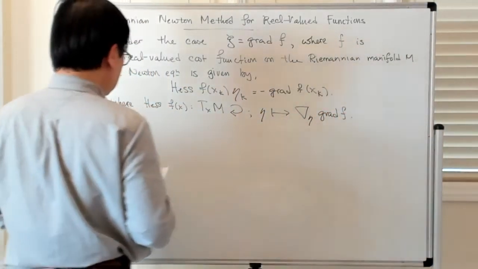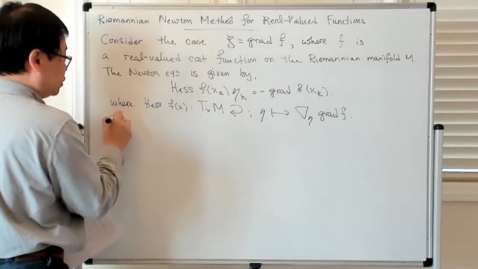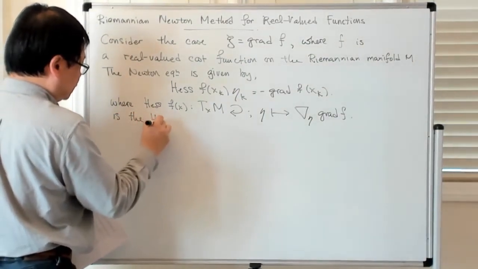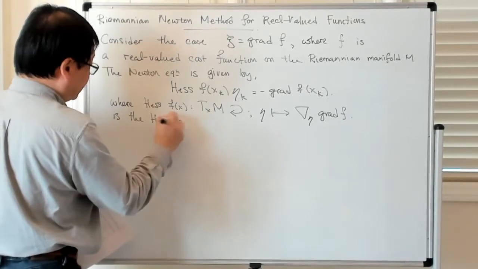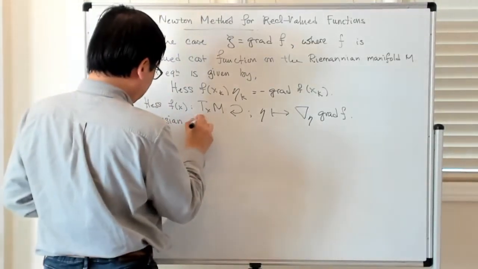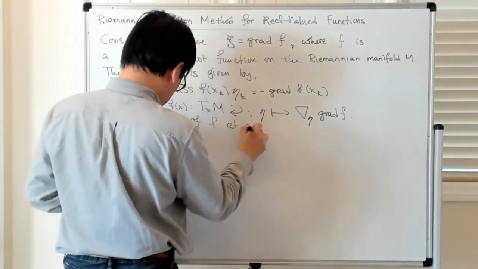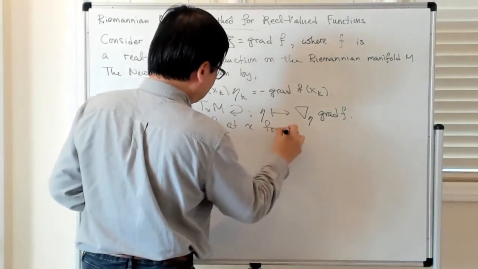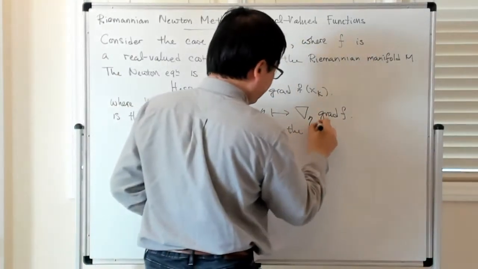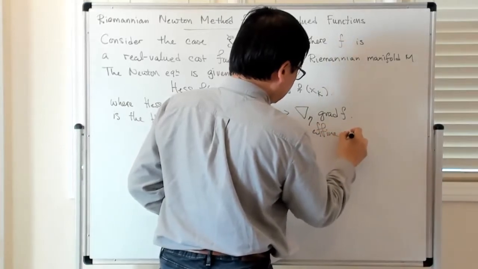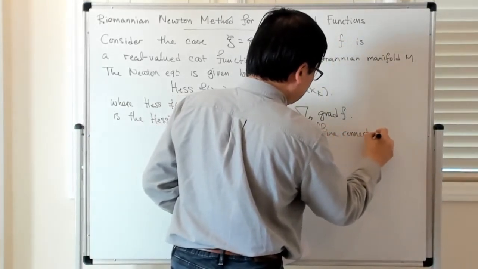Okay, so this is the Riemannian Hessian of f at x for the affine connection nabla.